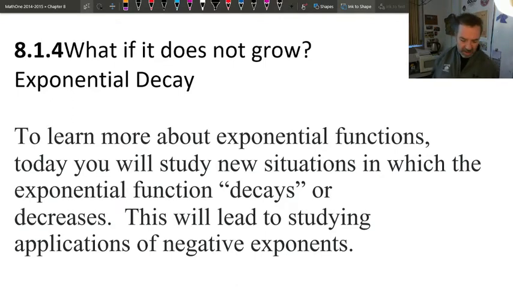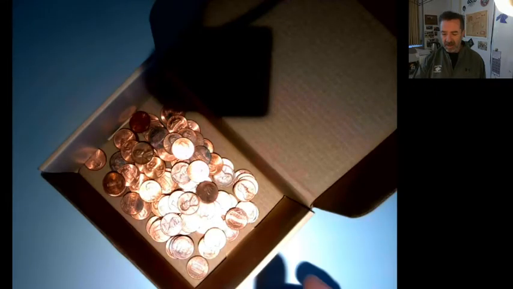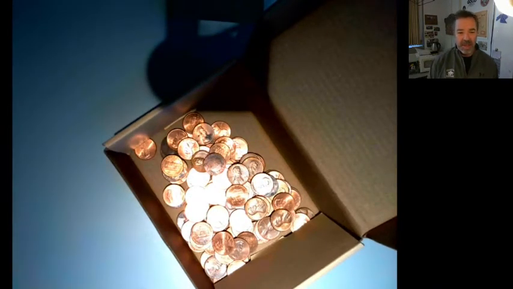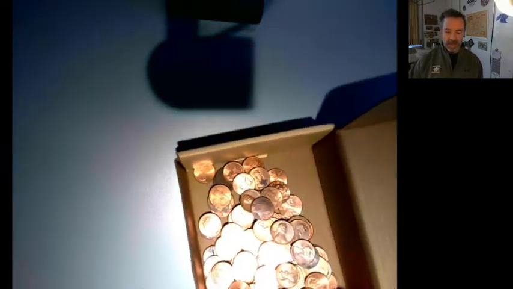The activity that we would do in class, and I think we will do it in class if you're in class today instead of a distant student, involves this thing called the Penny Lab. Essentially, there's a box here with 100 pennies, and we're going to take all of those pennies and dump them out on the table.